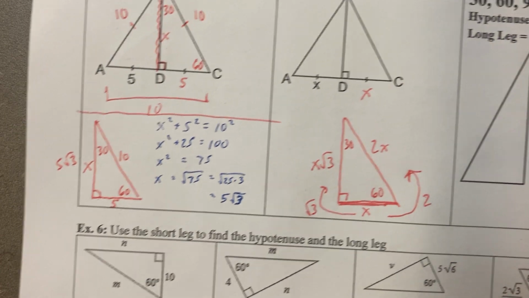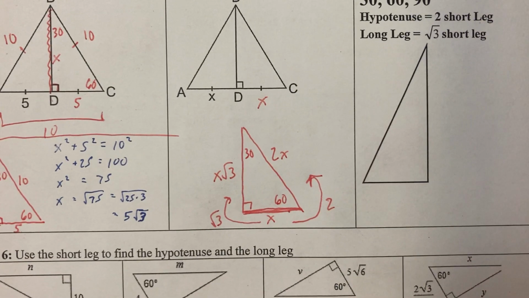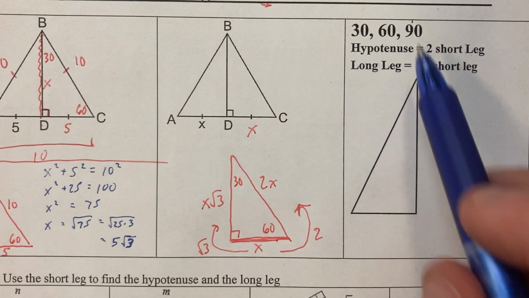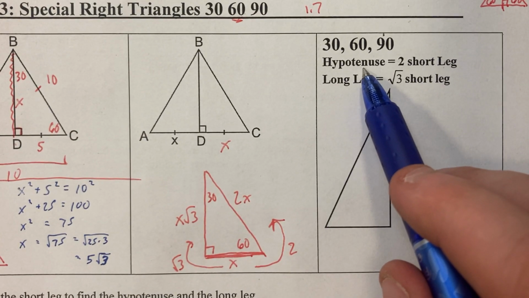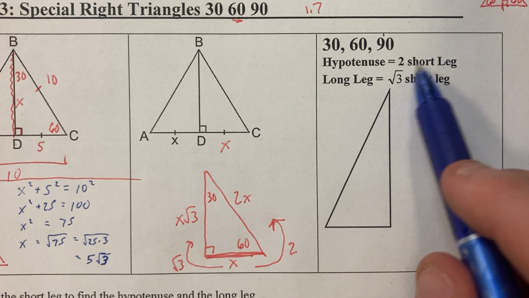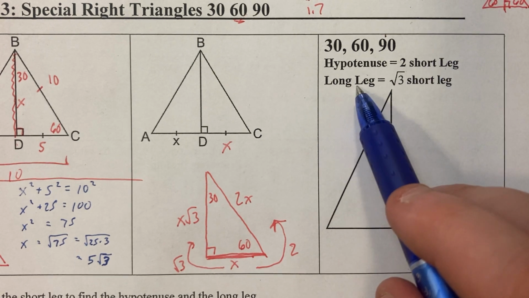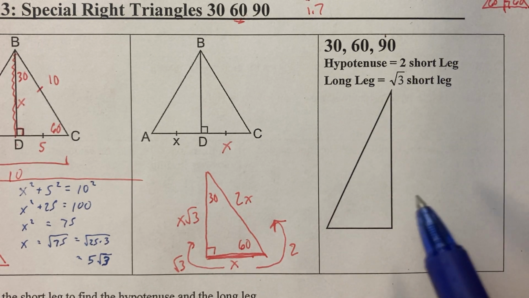So there it is. Or in other words, for 30, 60, 90, the hypotenuse is 2 times the short leg, and the long leg is root 3 times the short leg.